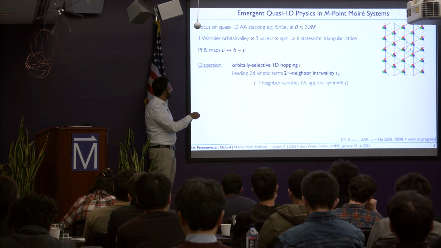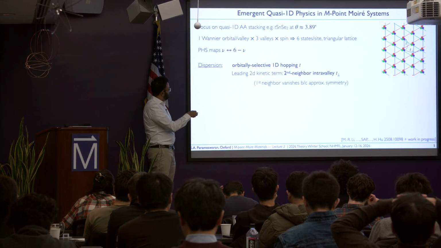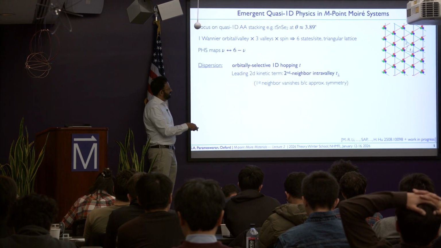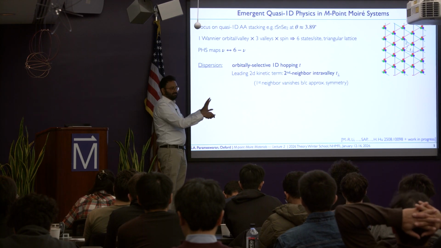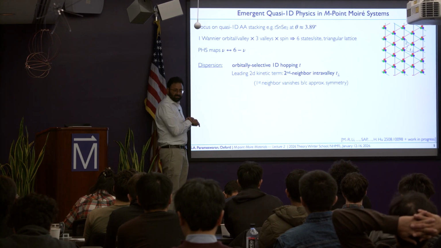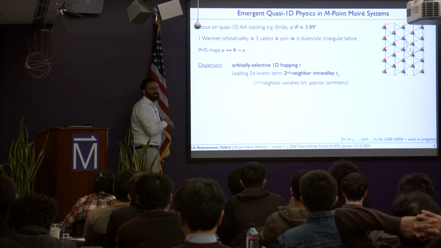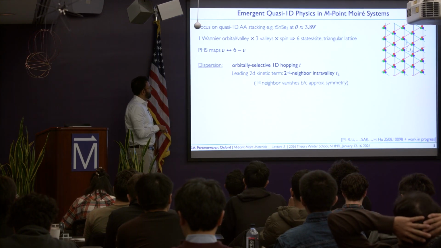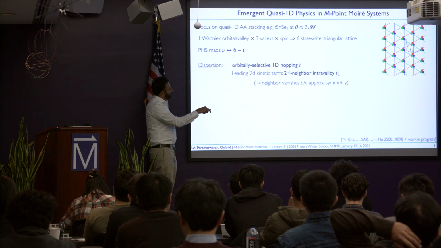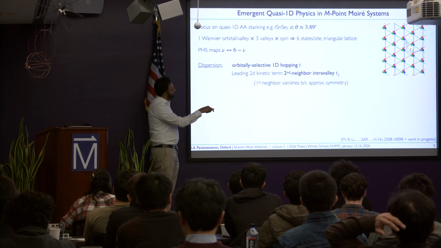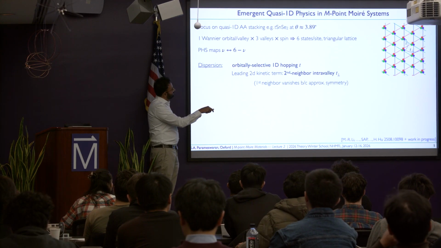And so the leading two-dimensional kinetic term that makes the system 2D is actually... so what could you write down? So this is some idealized limit. So you could ask, what pushes you off the idealized limit? So what are the second neighbor terms? So it turns out that if I had, you could imagine that maybe I could have something that went to the first neighbor.